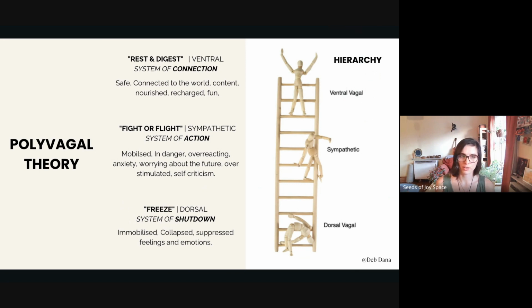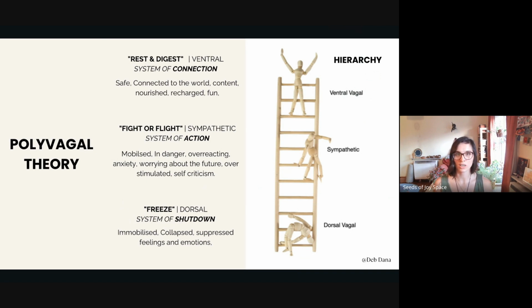Then moving up from freeze to fight or flight, this one is a little bit newer pathway of response. So it's 400 million years old. So in nature, you could think of it as an animal running away. Think about running away from a lion. You know that the lion is stronger than you, and if you don't run, it's going to eat you.